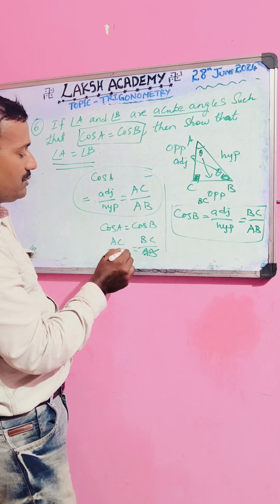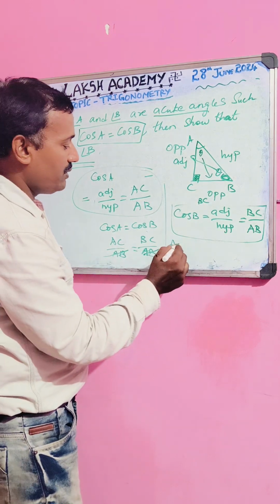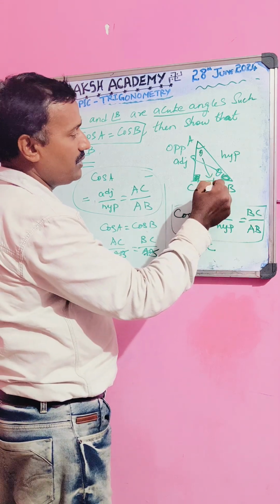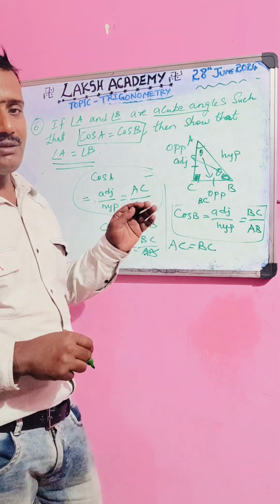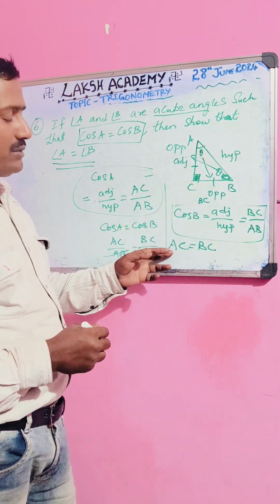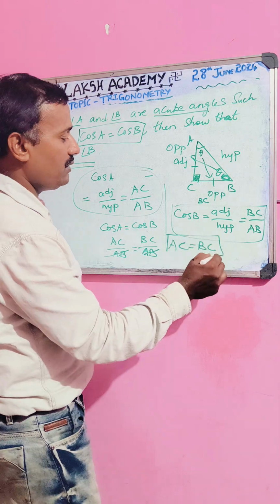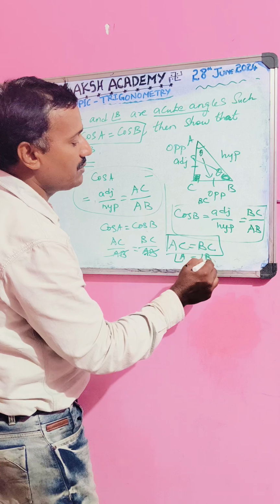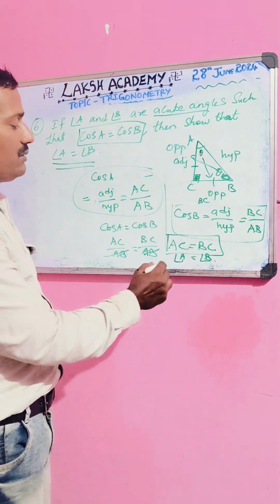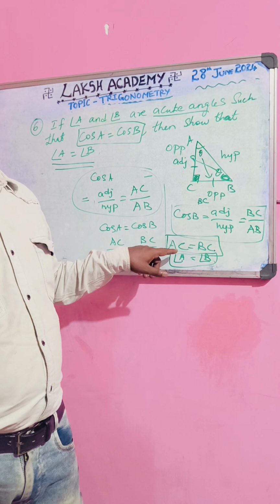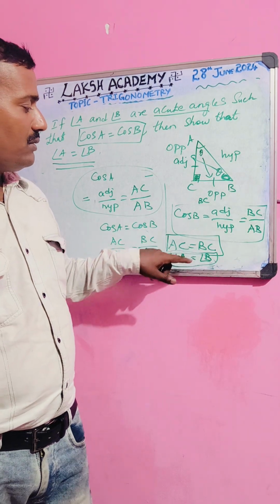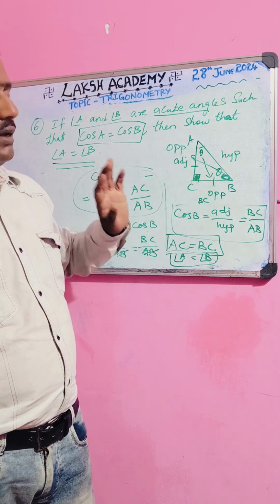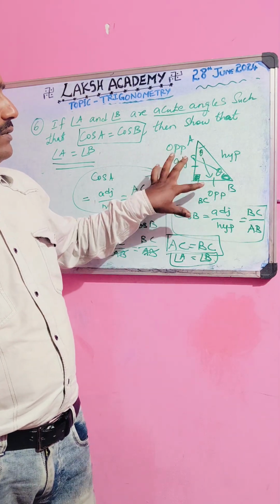So AB is cancelled, and AC equals BC. AC equals BC means, remember the isosceles triangle: if two sides are equal, then the angles opposite to them are equal. So we can conclude that angle A equals angle B. Okay, so we have proved it.